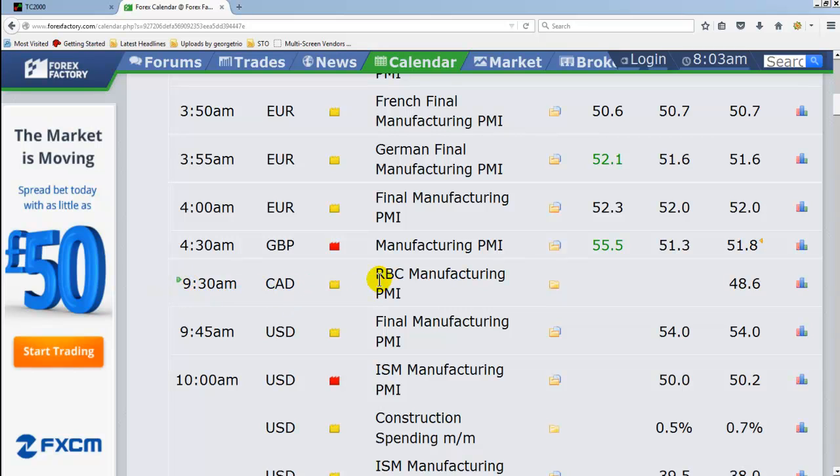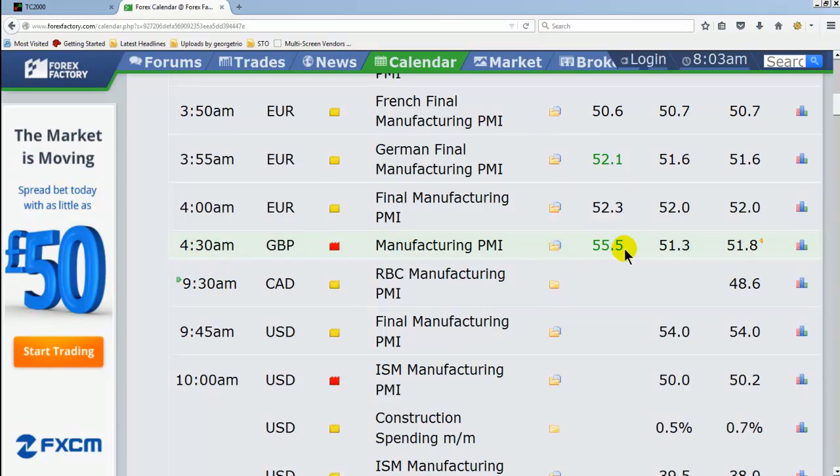So the economy news that is due in an hour 30 minutes, as New York is about to open, is the Royal Bank of Canada manufacturing PMI. We had this impact news bullish for the pound. Here it is, you see here, already released at 4:30 a.m. Eastern time. That's 12:30 p.m. London time.